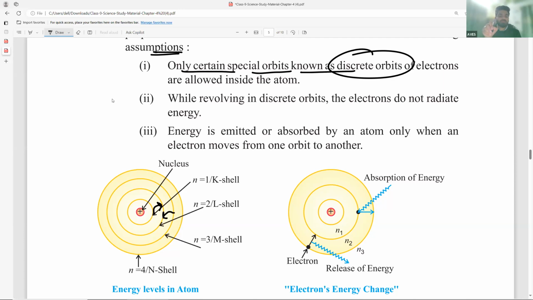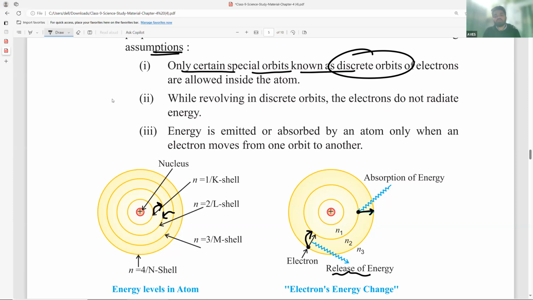It is represented here that when the electron jumps from outer to inner orbit, it releases energy. The release of energy takes place when the electron goes from higher to lower orbit, and when it jumps from inner to outer orbit, absorption of energy takes place. This diagram will help you understand better.